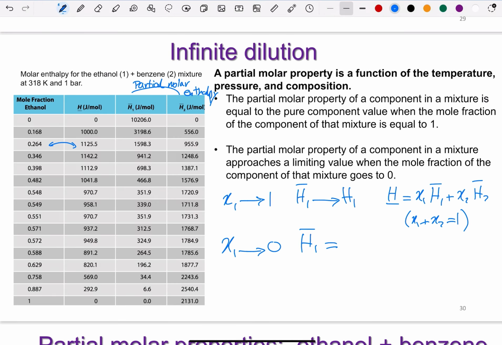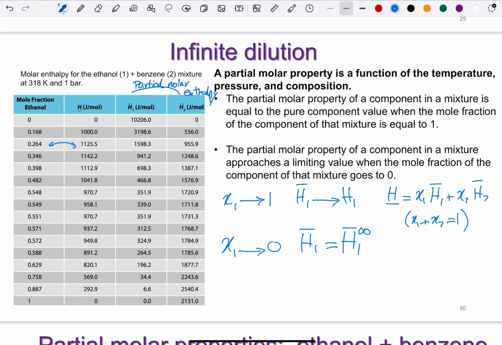The molar contribution to that property that we're considering here, as an enthalpy, is going to be named the infinite dilution property.